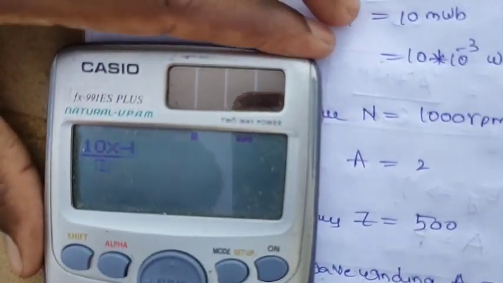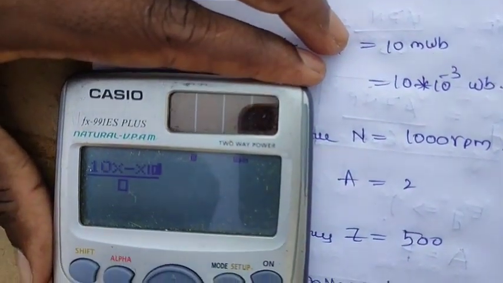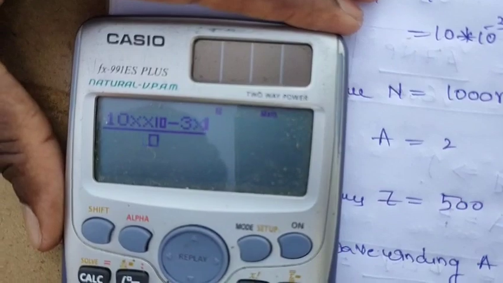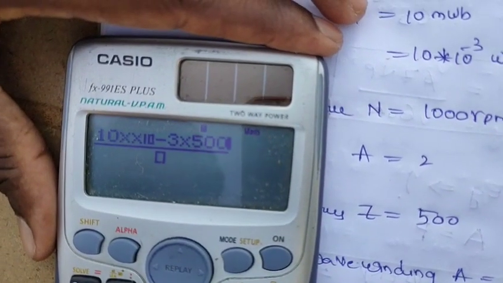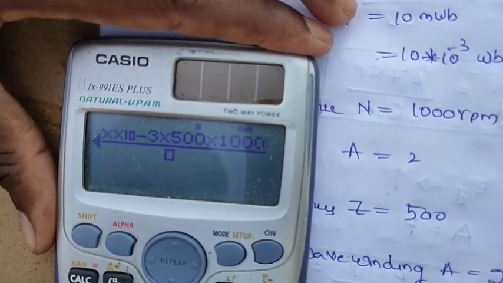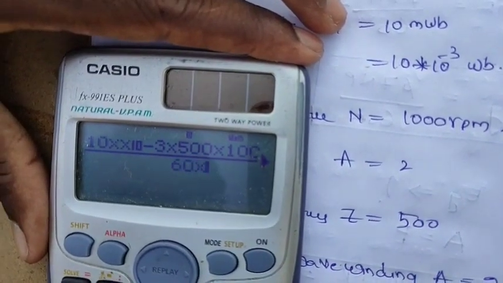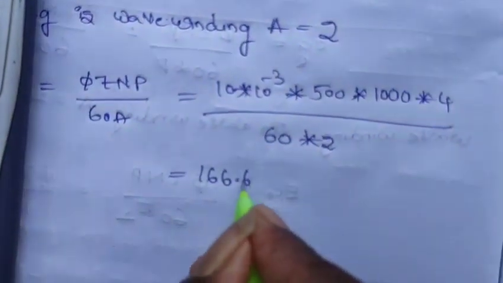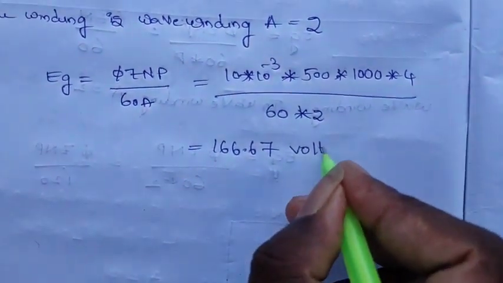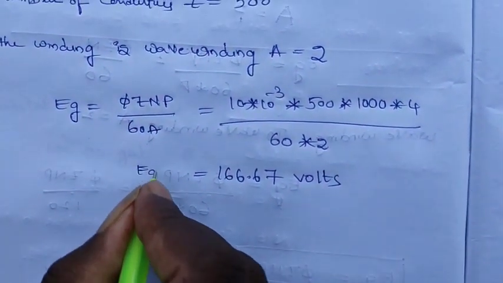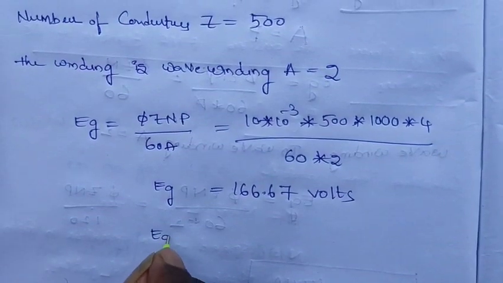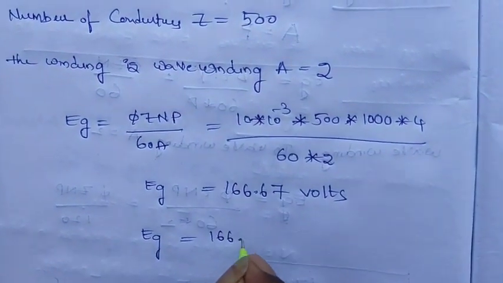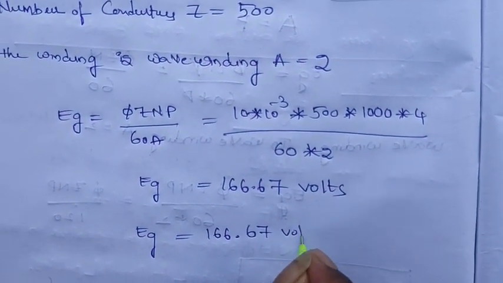So Eg is 10 into 10 power minus 3 into 500 into 1000 into 4 divided by 60 into 2, that is 166.67. The unit is volts, so Eg is 166.67 volts.